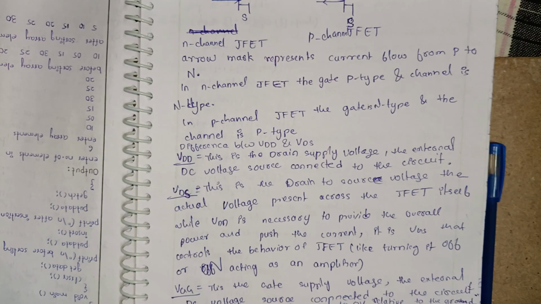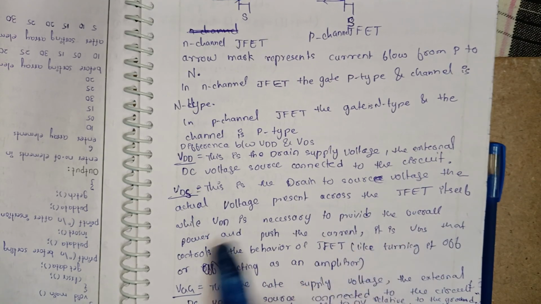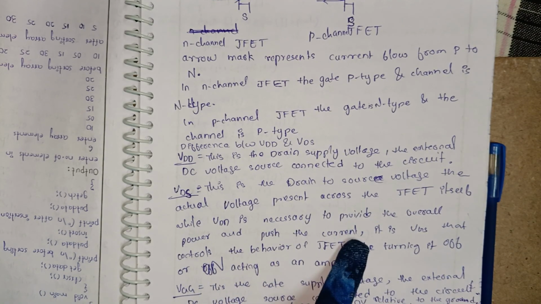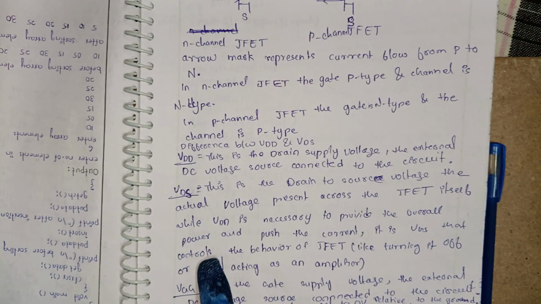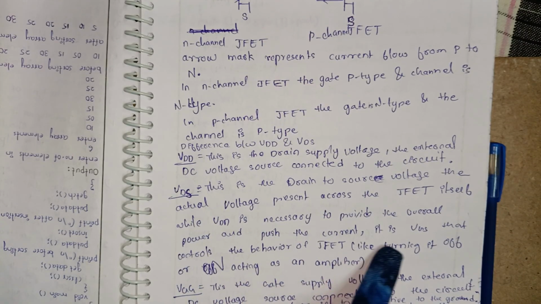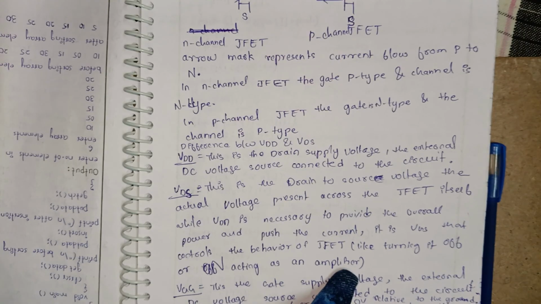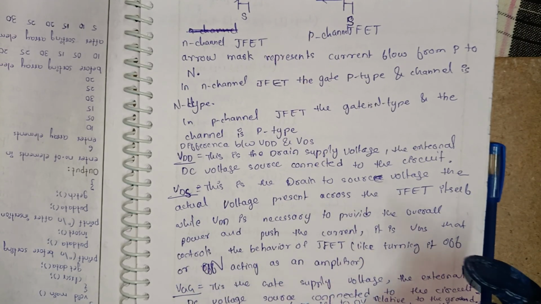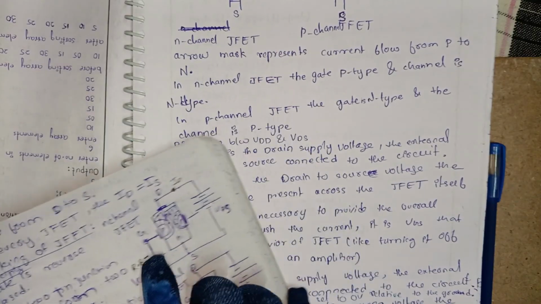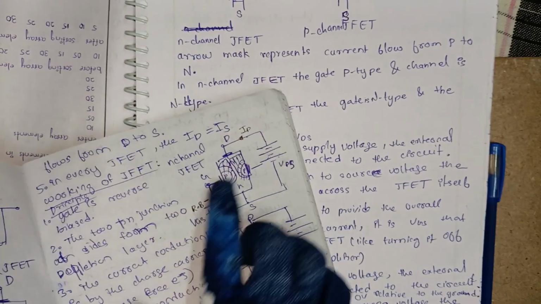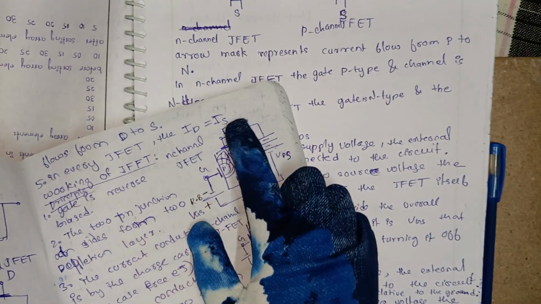While VDD is necessary to provide the overall power and push the current, it is VGS that controls the behavior of the JFET, like turning it off or on, acting as an amplifier. So VDD provides the overall power and pushes the current.